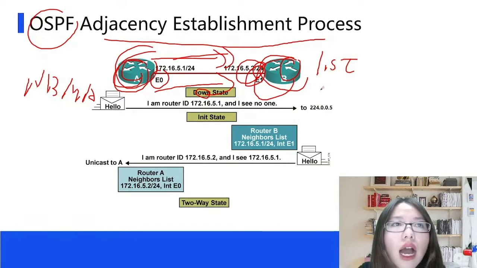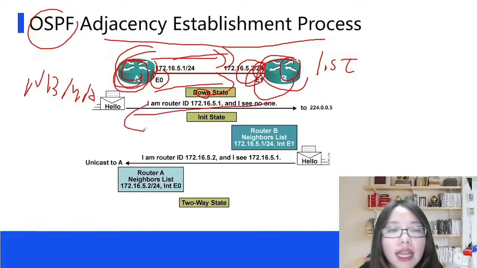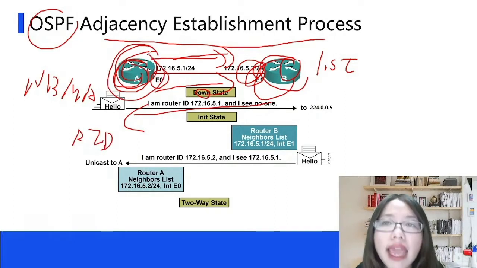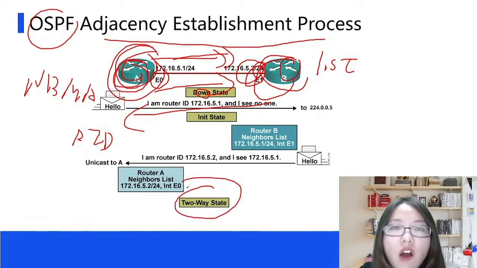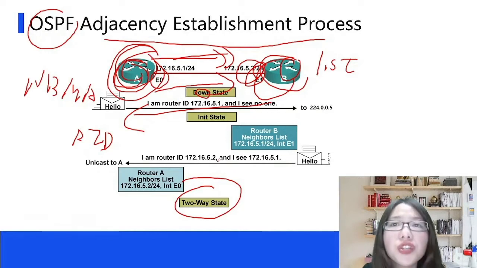When the OSPF router interface receives the hello packet containing its own router ID, RID, it will enter the two-way state and form the neighbor relationship.